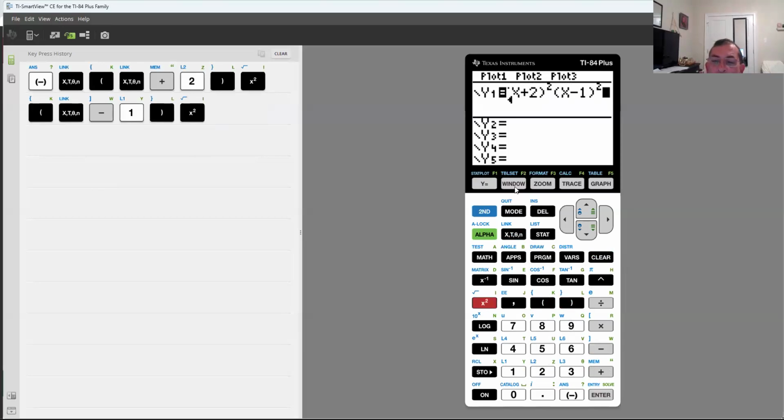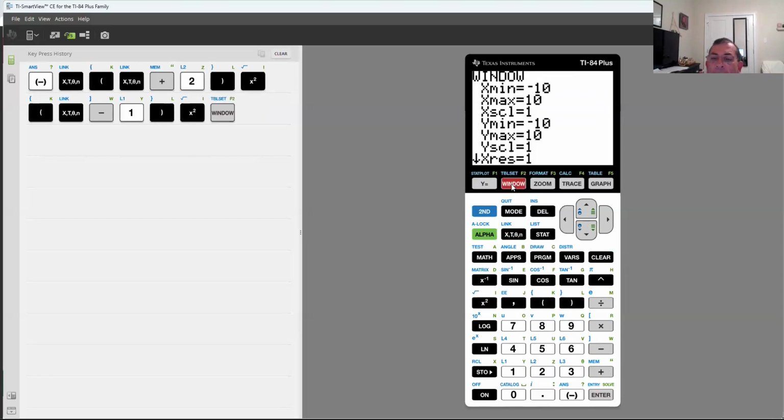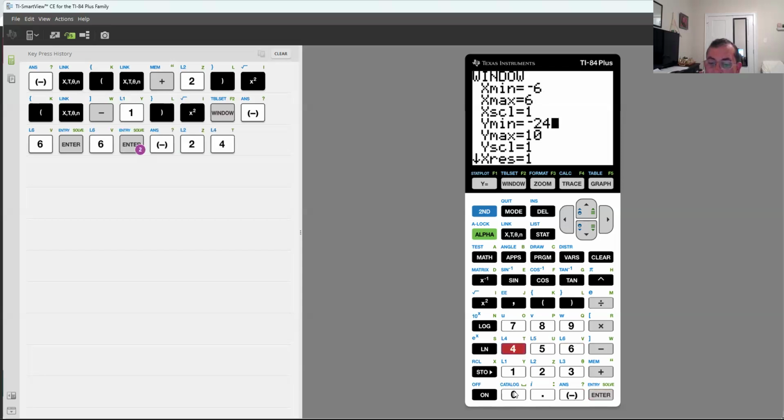Now to set the window, the button that says window, click it. And we said those went from negative 6 to positive 6 for my x's. And then go down to the y minimum. They went from negative 240 to a positive 240. Now after we graph it, I'll show you how to set the window back, okay?